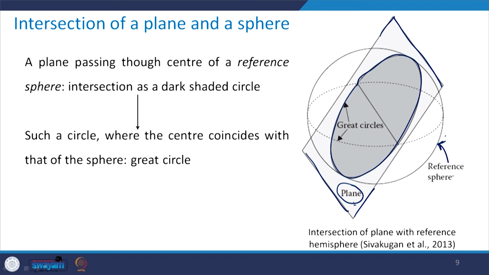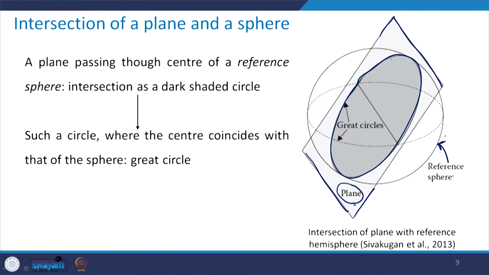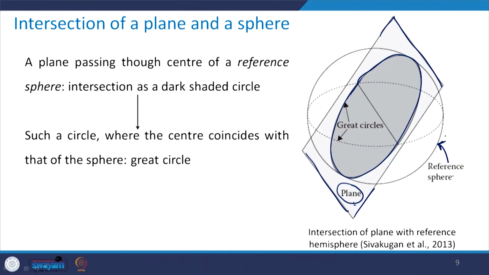We call this a great circle because it is the plane which is passing through the center, and any circle on this plane will also pass through the center of the reference sphere. So, this is going to be the intersection as a dark shaded circle. Now, such a circle, when the center coincides with that of the sphere, is called the great circle. Okay. So, this is one of the great circles.